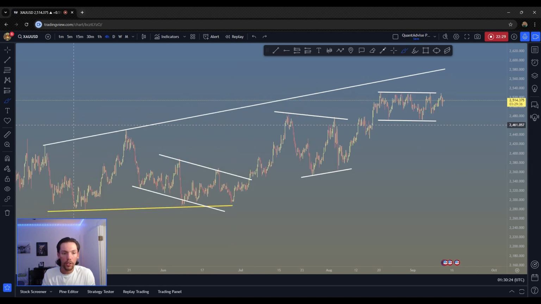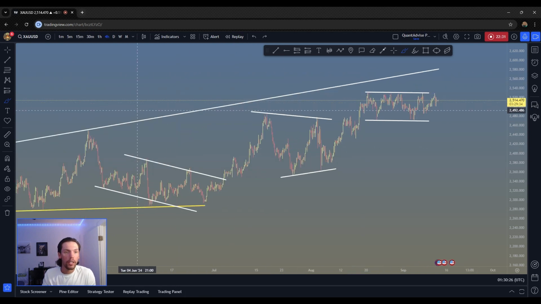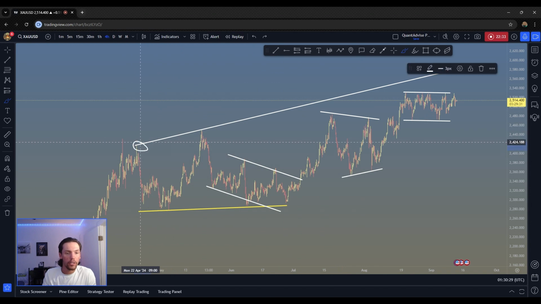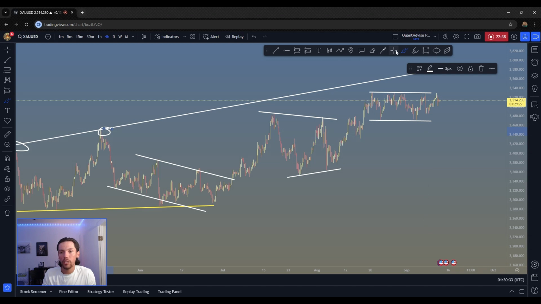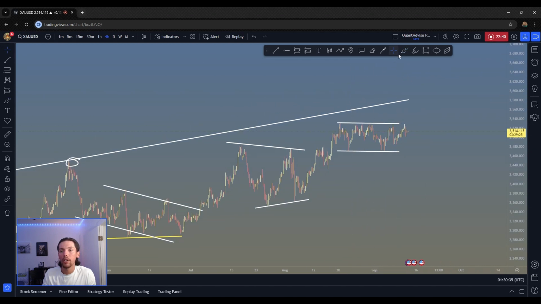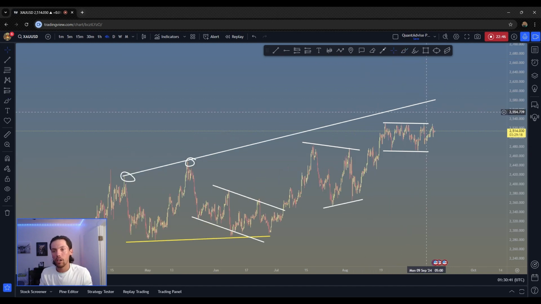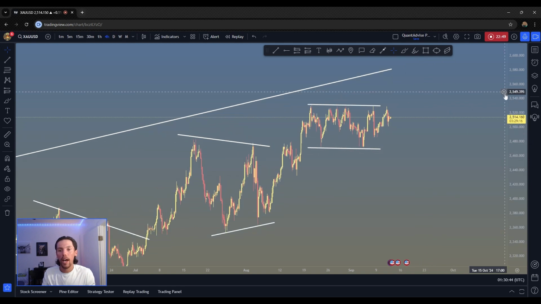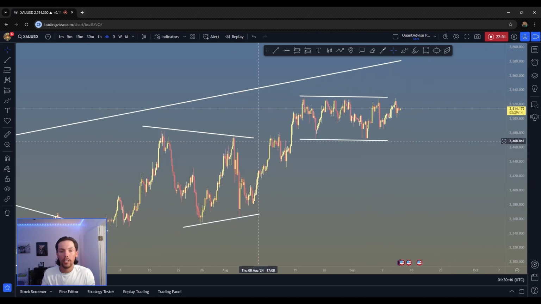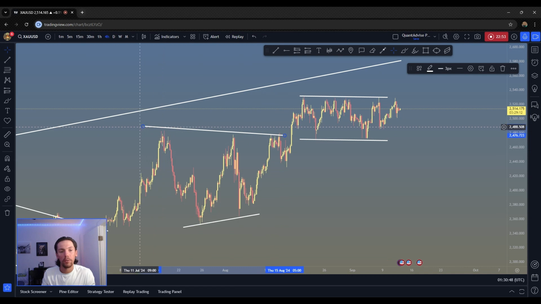So now I'm on our 4 hour, and again, look, this is 1, this is 2, and now obviously in that sense we're looking for 3 for a trend line. Let's take this off, and we're looking now at this flag outside of the top of this structure for me.